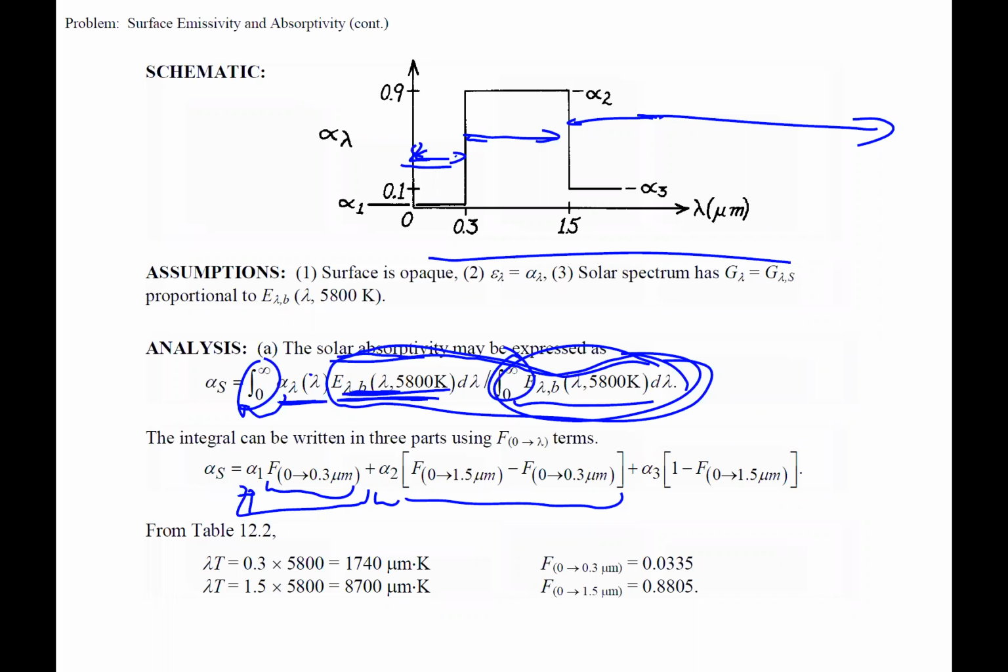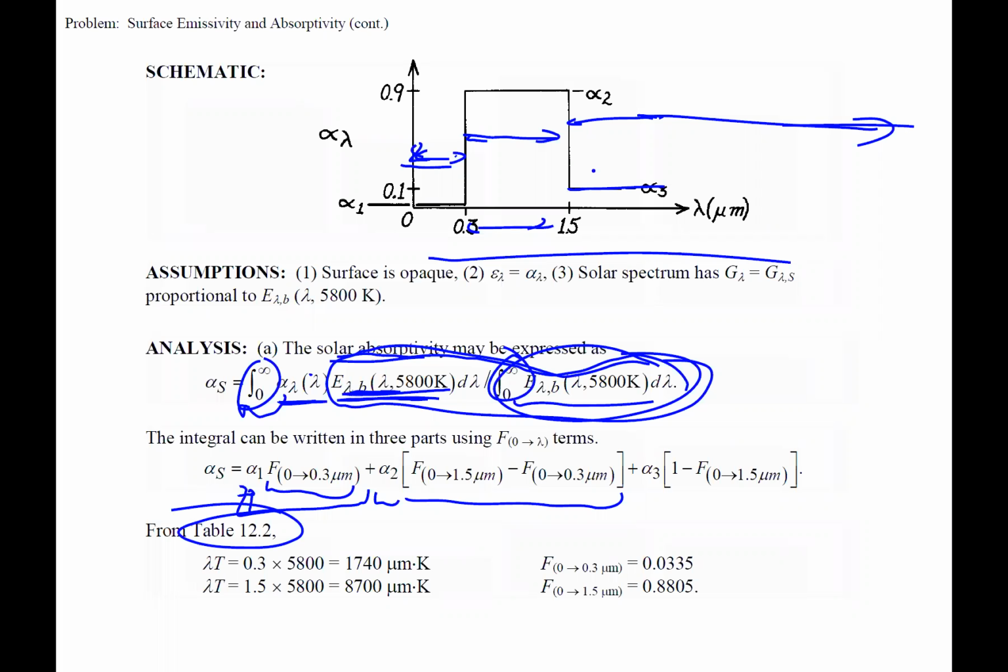That means you're taking the fraction from 0 to 1.5 and subtracting 0 to 0.3. The difference between those is what's going between this section. And then the last is this value of absorptivity, and it's everything else being emitted from the sun. We look up in our table for each of these factors.